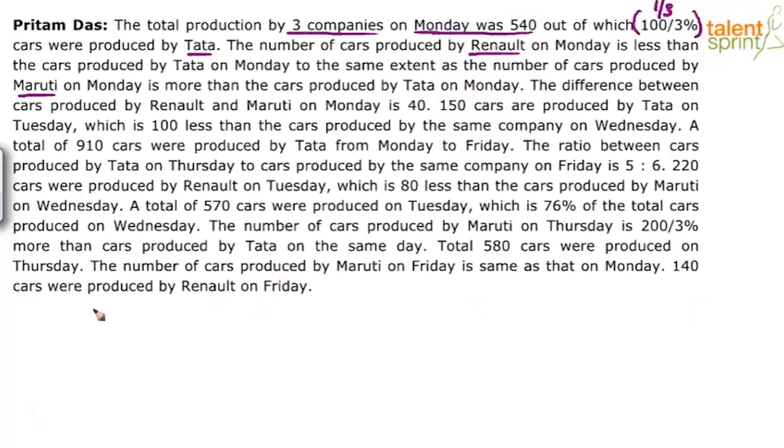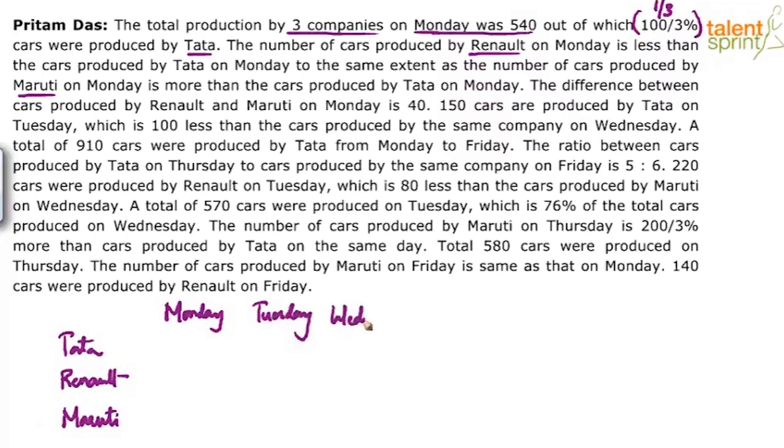So let's make a table first. It's like Tata, then we have the next companies, Renault and Maruti. These are the 3 companies. And what are the 5 days? We have Monday, Tuesday, Wednesday, Thursday.